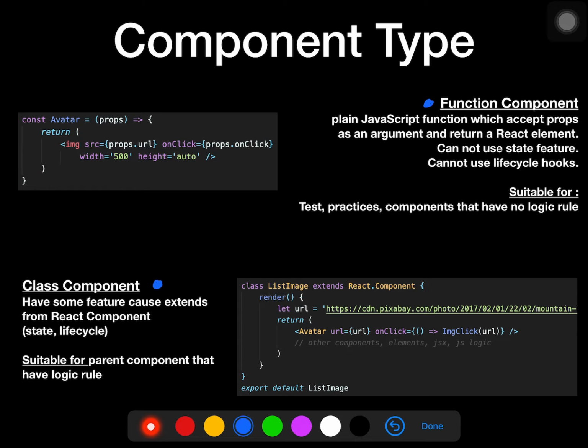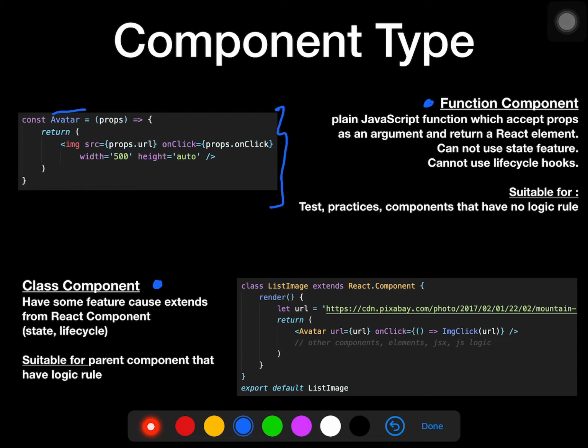So function components are suitable for tests, practices, and components that have no logic rules. It looks like here. In here, avatar just renders the data passed via props.